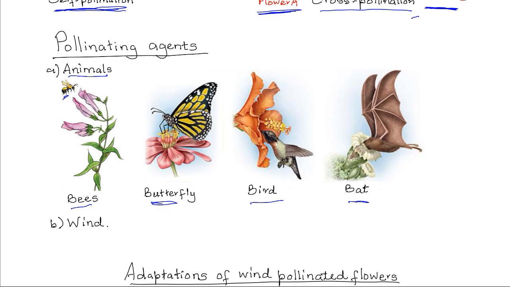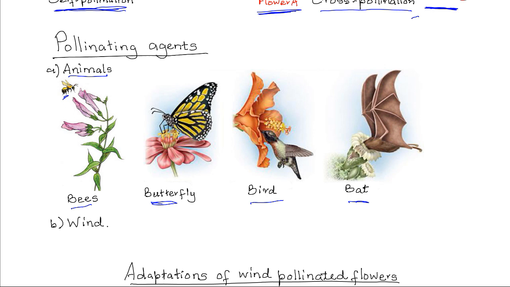Now, different flowers have structural adaptations that adapt them to precise agents that are used for the transfer of pollen grains. That is, the structure of any individual flower is related to the precise agent used to transfer the pollen.